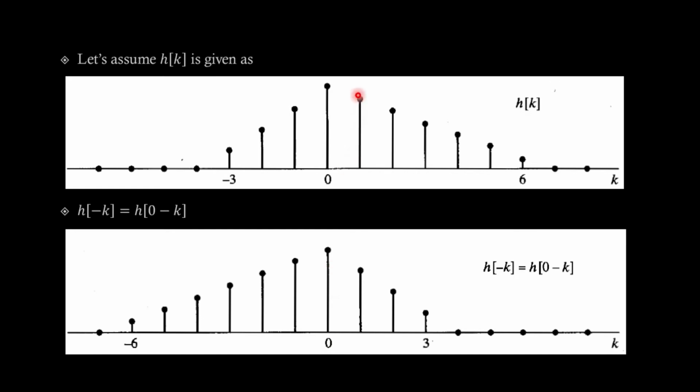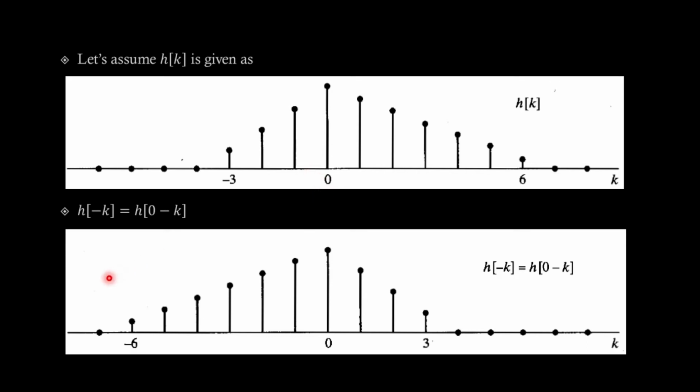So this sample comes here, this sample goes here, the sample at minus 3 goes to plus 3, and the sample at 6 goes to minus 6. This is just the mirror image across sample number 0.